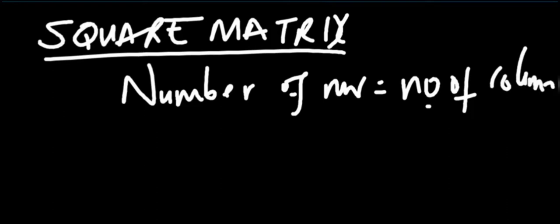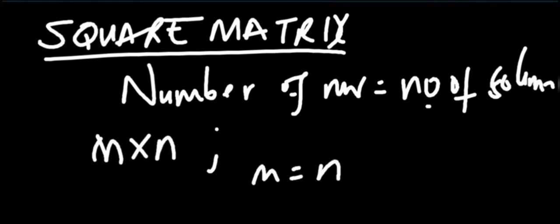So is that easy? If you count the number of rows and they are the same as the number of columns, what do you have? You have a square matrix. So if your m by n matrix has m equal to n, then you have a square matrix. So instead of calling the square matrix m by n, we call it an n by n.